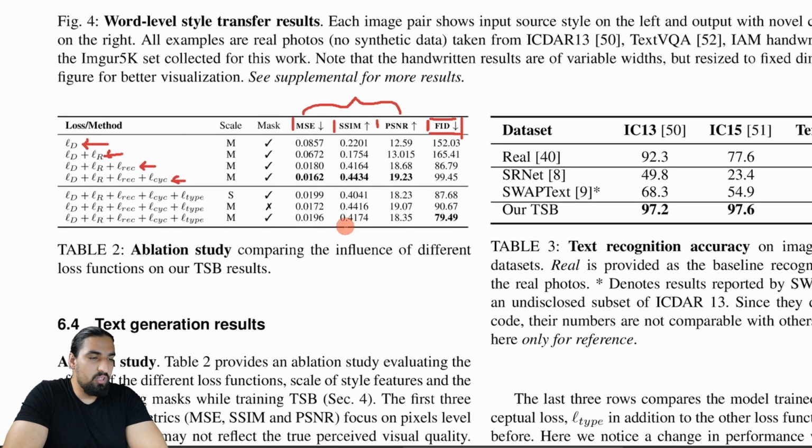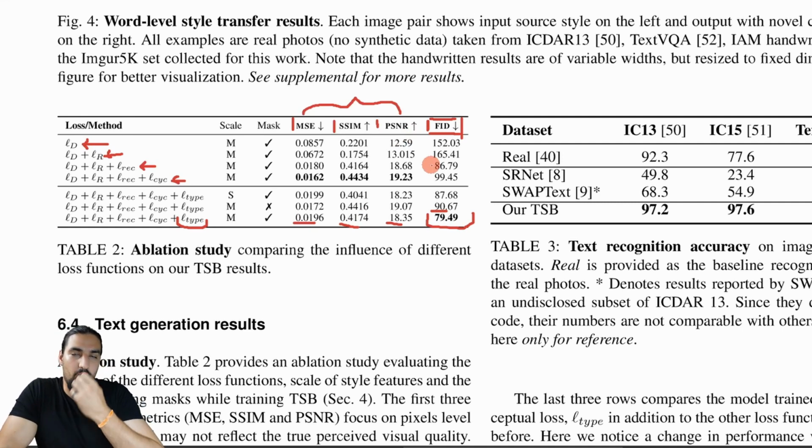So the interesting part here is that once they add this final perceptual loss, they boost the FID score, but they lose on these objective metrics like MSE, SSIM, and PSNR, which are shown, by the way, not to correspond really well with our judgment.